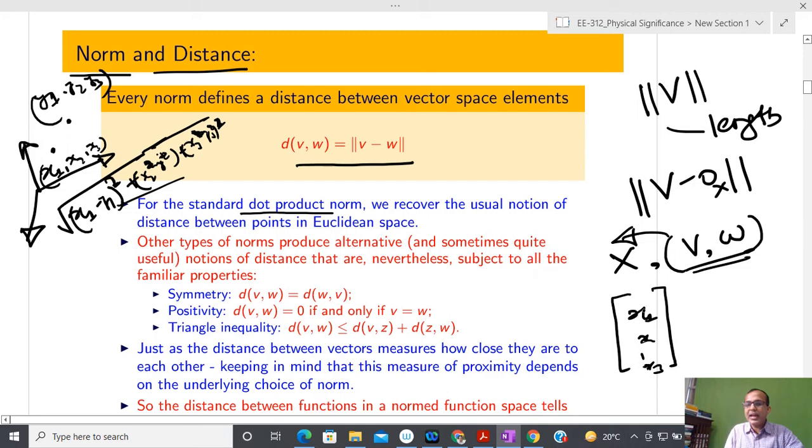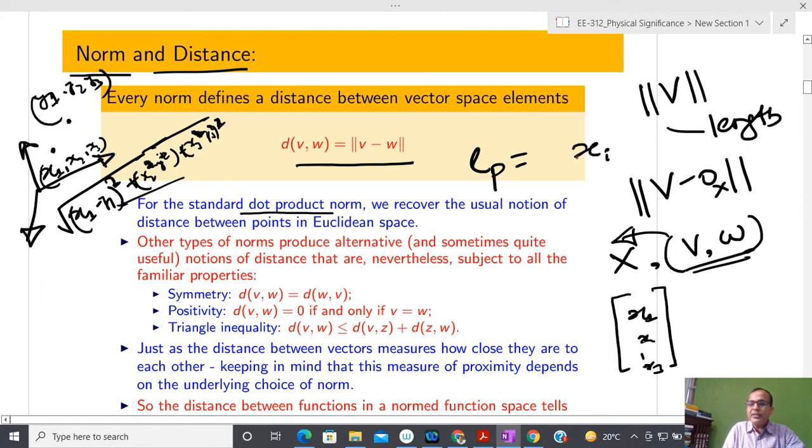In the previous class we saw that I can define the norm, and I defined the LP norm. In order to define the LP norm, I again took the help of the absolute value.